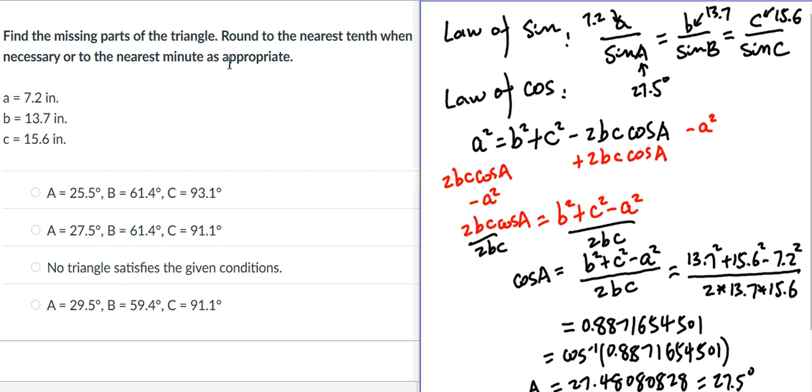Here we have three sides. A is 7.2 inches, B is 13.7 inches, and C is 15.6 inches.